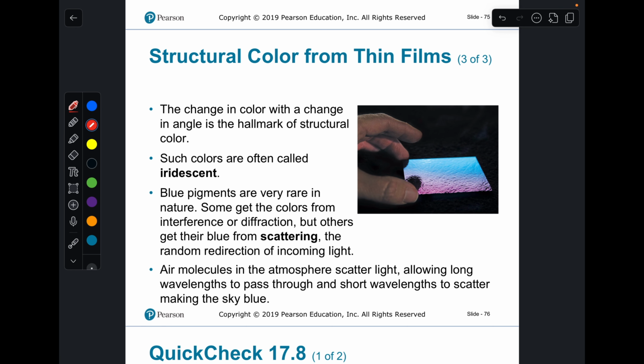The way you can tell if something has structural color is if it's iridescent. If it's iridescent, that means interference is creating the color due to the white light being reflected strongly in some wavelengths and missing in others.